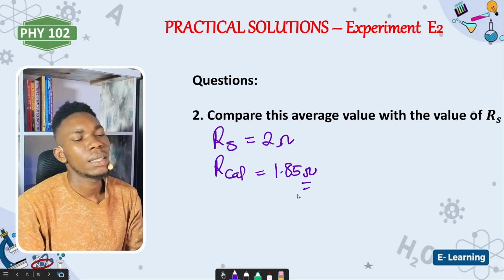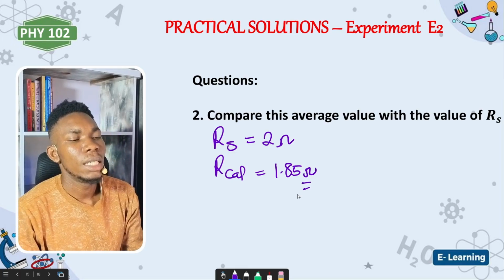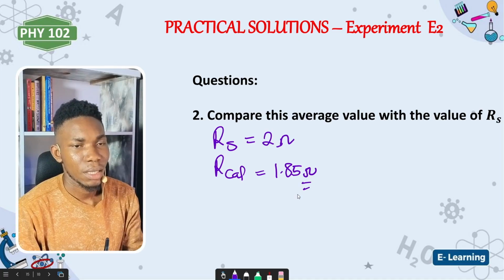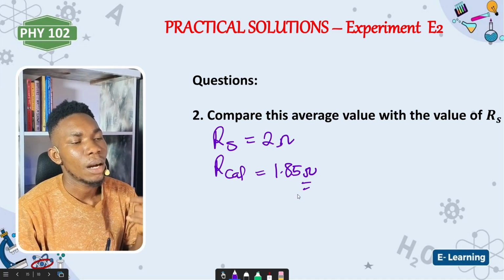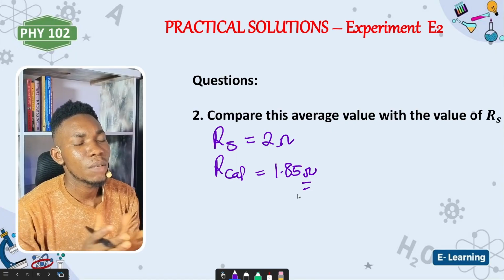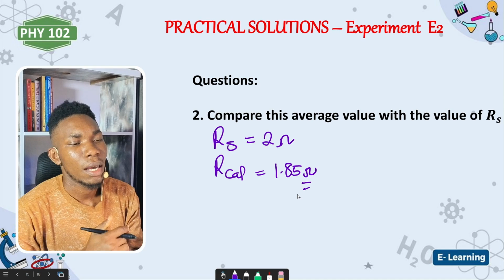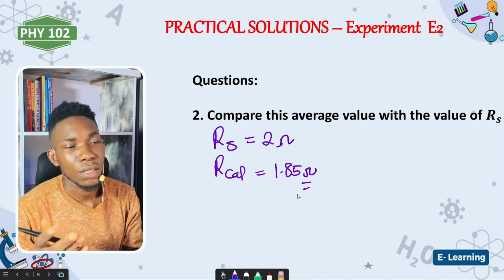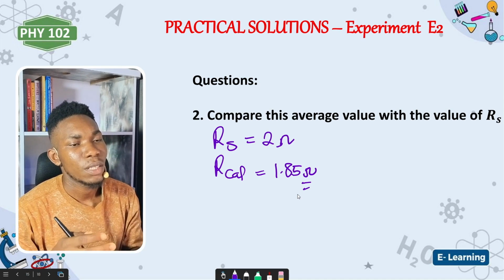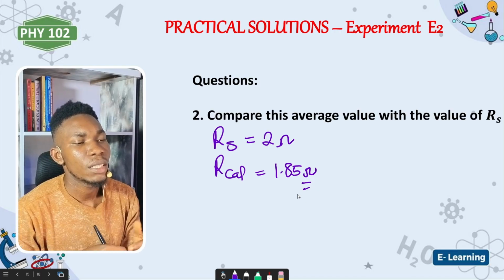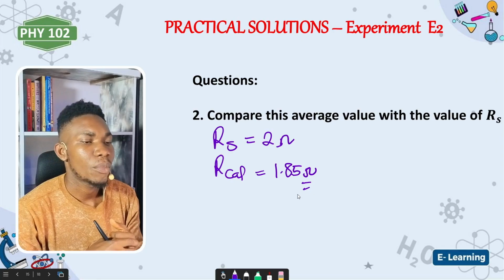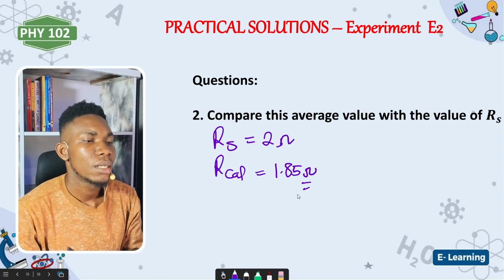You can now say that the calculated value is almost approximate to the equivalent resistance, which is 2 ohm. They just want you to compare the values you have. You could say the discrepancy may be due to different experimental conditions and so on. That is just what you are expected to write. So you write R_s obtained is 2 ohm and R calculated is 1.85, which are approximate values. All right, so that is that.